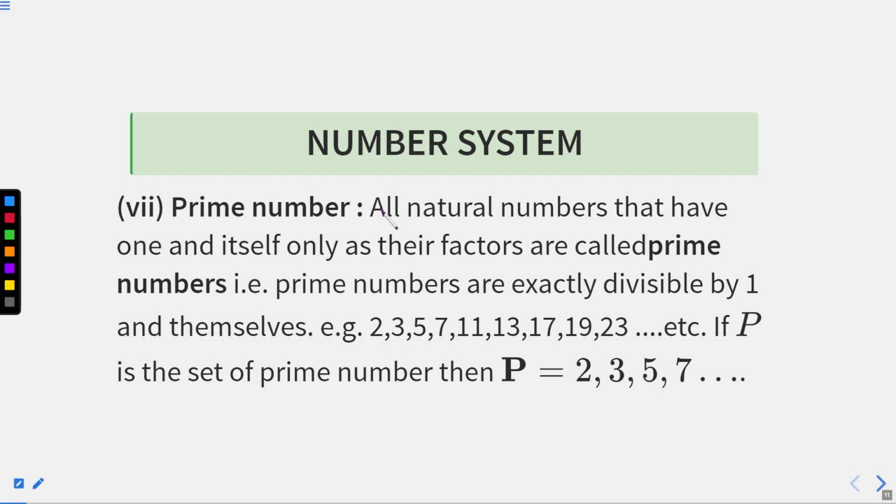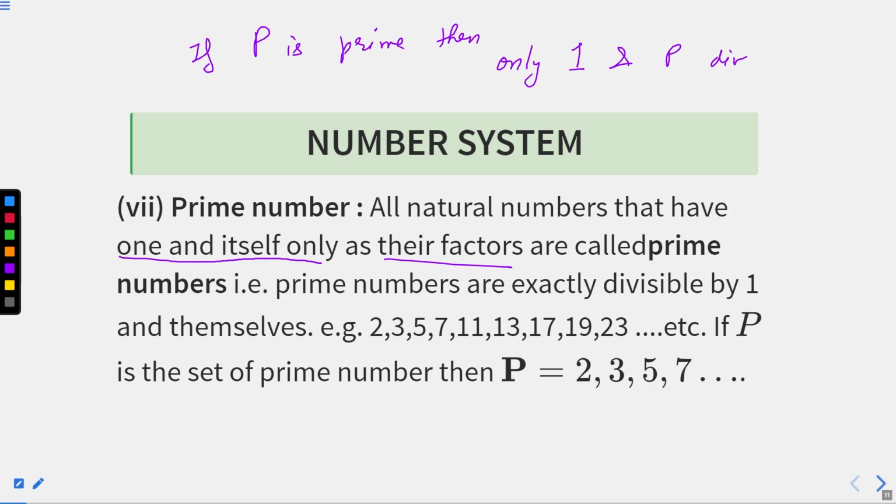Prime numbers are all natural numbers that have 1 and itself as their factors, which means that if p is prime, then only 1 and p divide p. Clear? If this holds, then p is a prime.